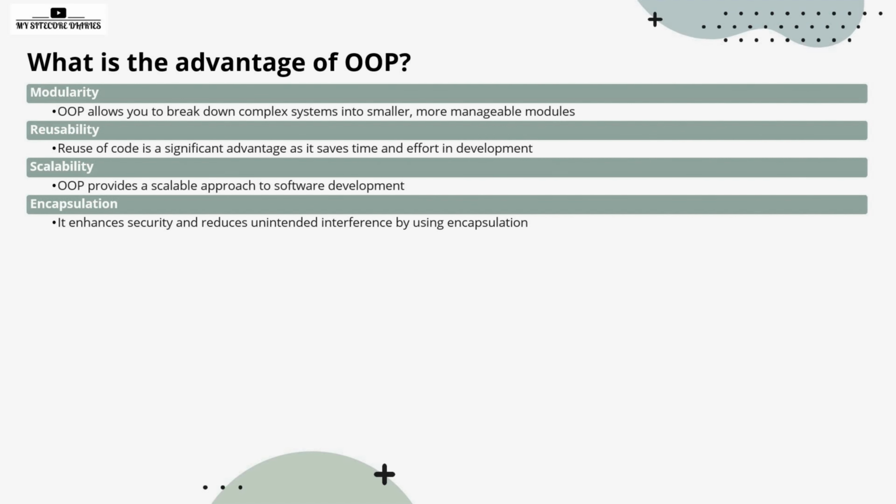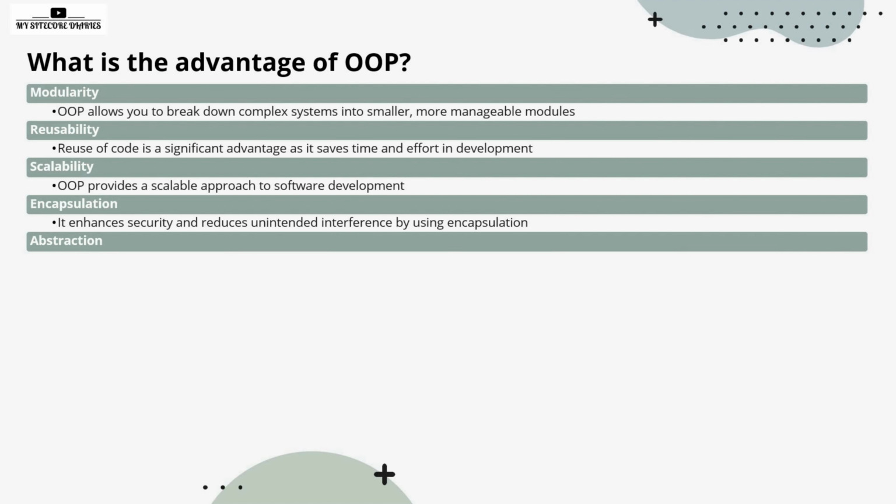We will go into detail on encapsulation in future videos, as we will have a series of videos related to object-oriented programming. Similarly, abstraction, which we will see in detail later, allows developers to focus on essential details while ignoring unnecessary complexity.